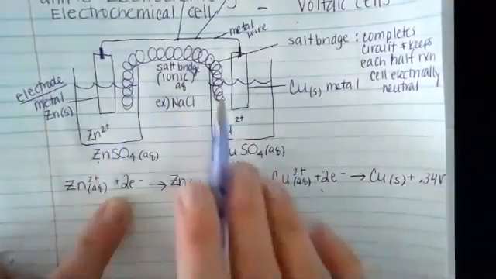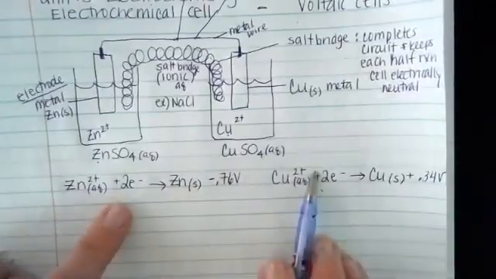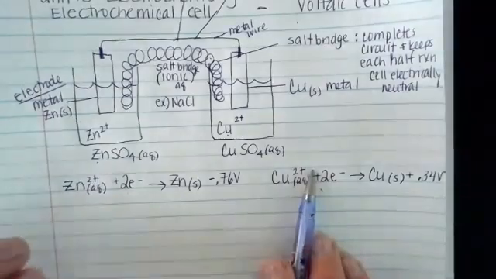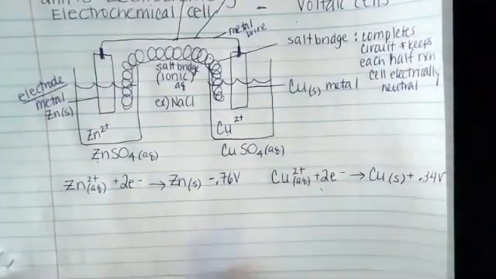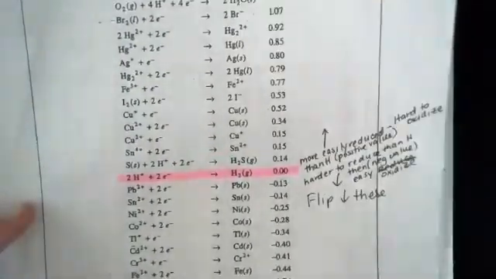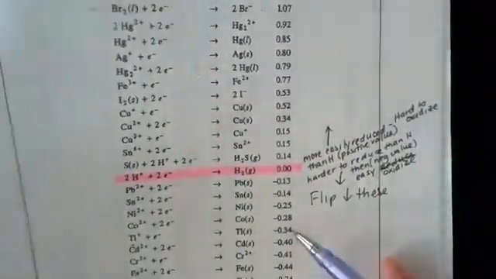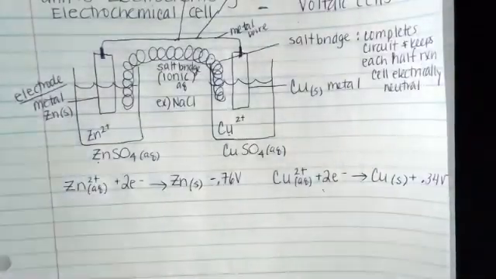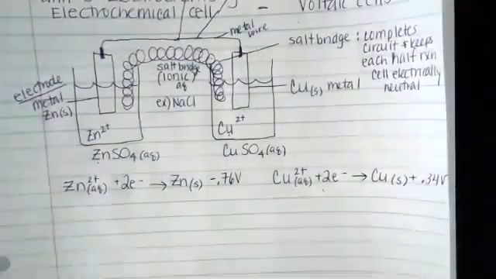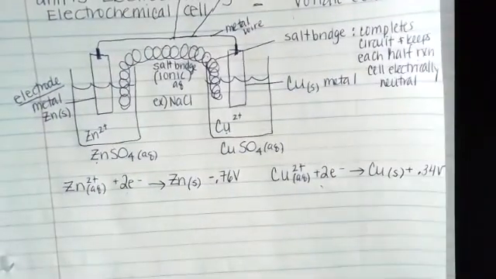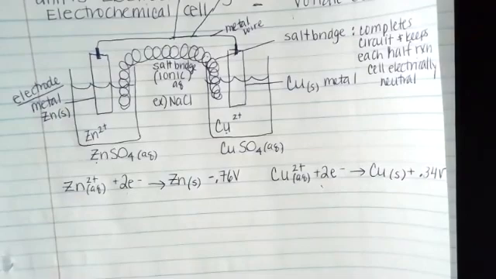However, in order for electrons to flow, one of them needs to be oxidation, and this is why we call it redox, reduction oxidation. We determine that based off of where they are. Which one is the more negative? Not necessarily which one is negative and which one's positive, but which one is more negative is going to be flipped and actually be the oxidation reaction.